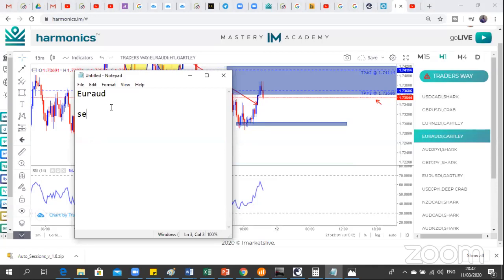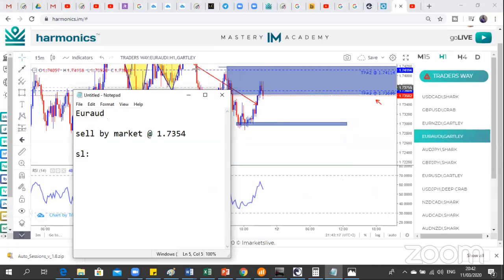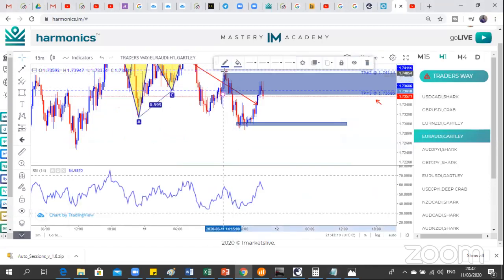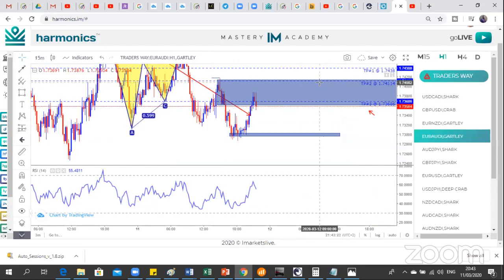Sell by market at 1.7354, 73.54. SL above the digital line. Here's the digital line. The digital line is 1.7417.